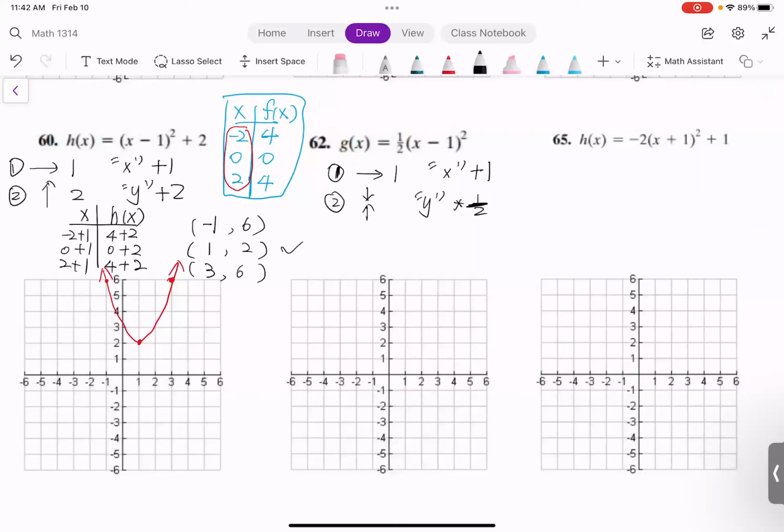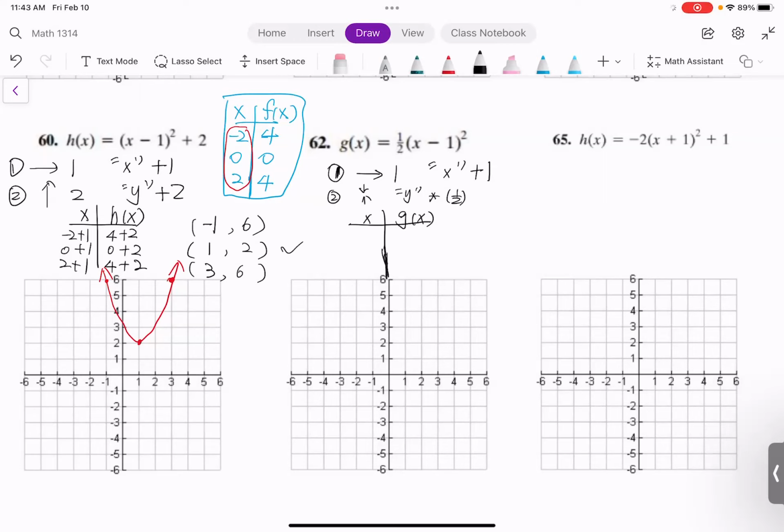And let's see the new key points. I don't have a very big space. So here is x. Let's make something small. Shrink. All the y multiplied by 1/2. Then here is the x, and here is the g of x.